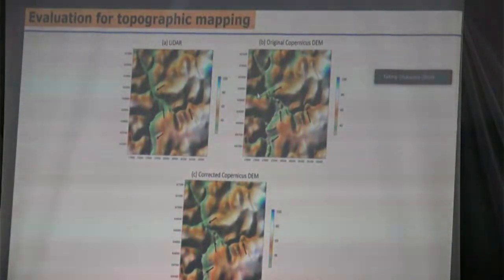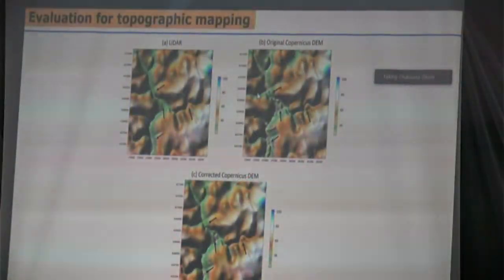When you look at the original Copernicus DEM, which is a global DEM, you will notice some bumps along the channel of the river, which is what we expect. It's a global DEM, it's 30-meter resolution, it's free, it's not as expensive as LiDAR.